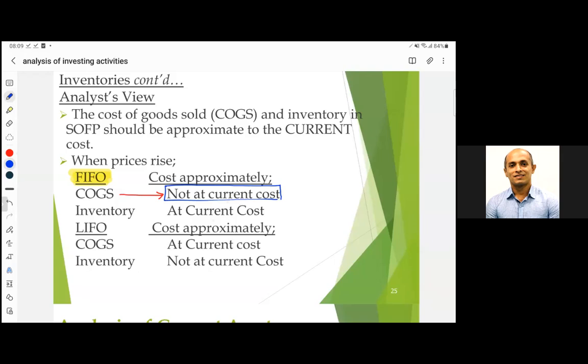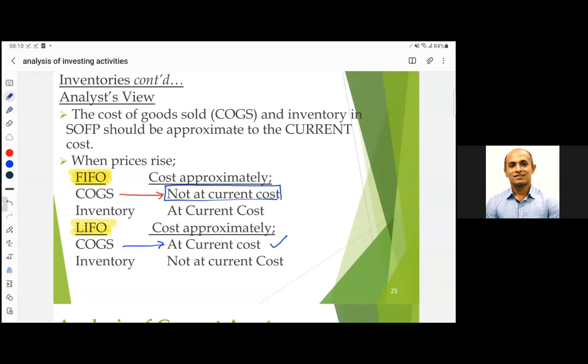Then you see, if the company follows LIFO method, the cost of goods sold value is okay, because it is at current cost. But under LIFO method, inventory value is not okay, because it is at past cost.